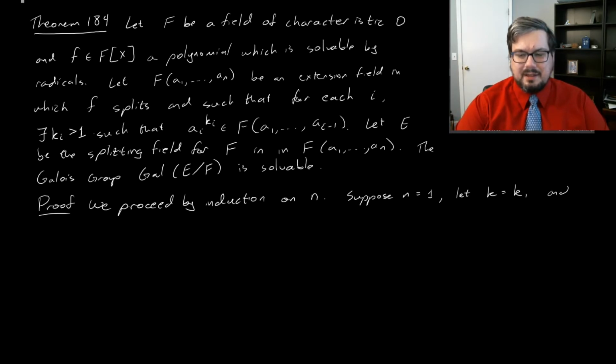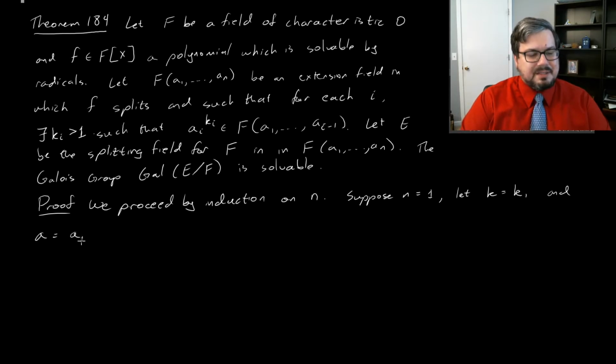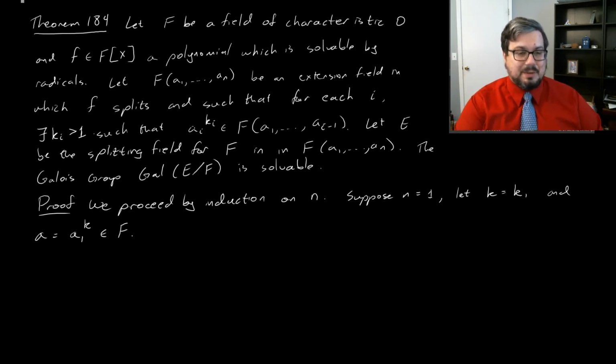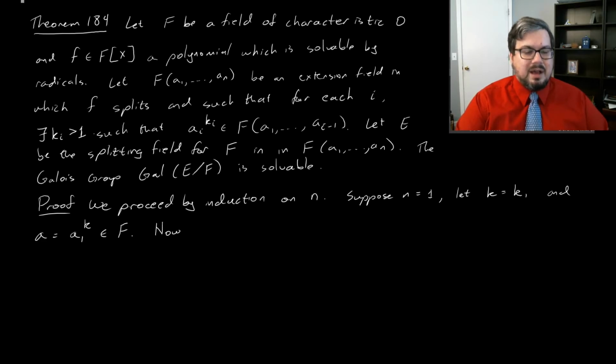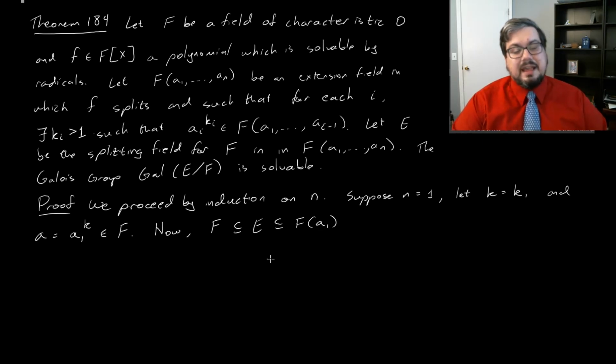And let's let a be this a1 to the k, which lies in F. So by hypothesis, we have that a1 to the k1 lies in F. Now we have that F is a subset of E, which is a subset of F(a1). So we have that the polynomial f splits in F(a1). Its splitting field could, in theory, be smaller, and that's what we call E.